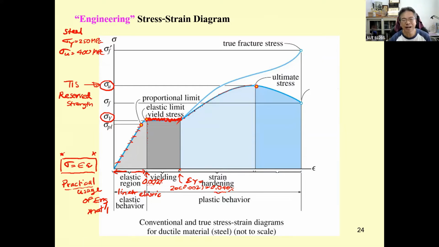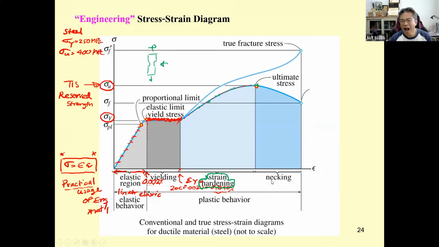During this strain hardening, there is also some reduction of the cross section, but the reduction over here is still small, and cannot be noticed by the naked eye. But when it reaches the ultimate, you will see the necking start to occur, and in the lab we will start to see this kind of necking.